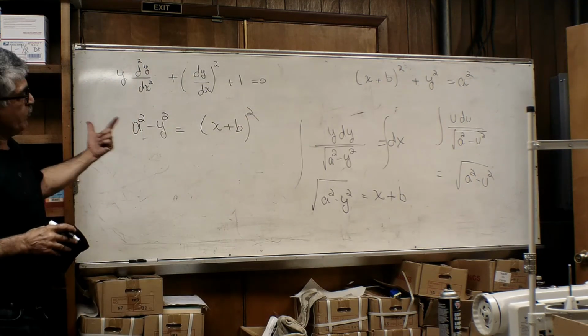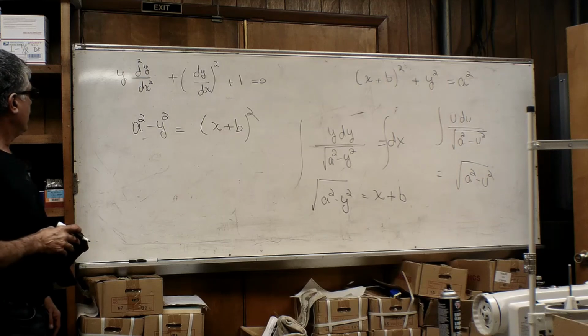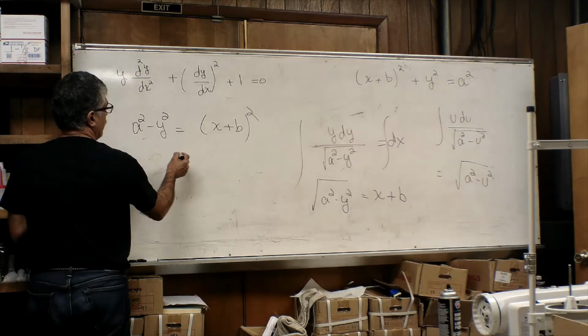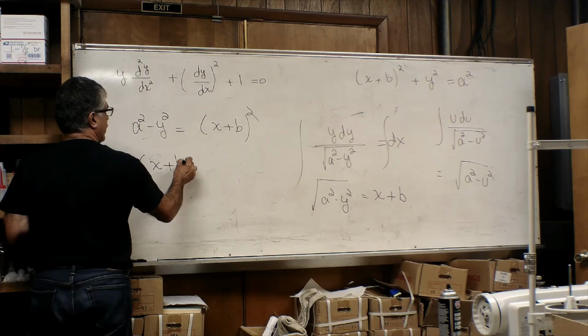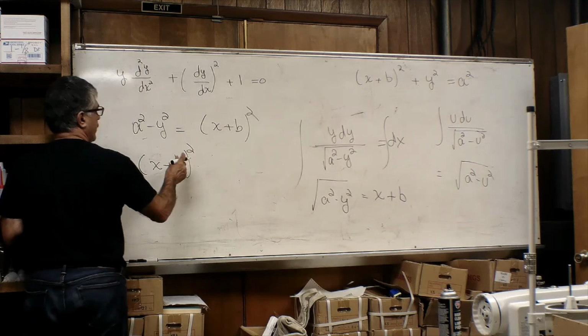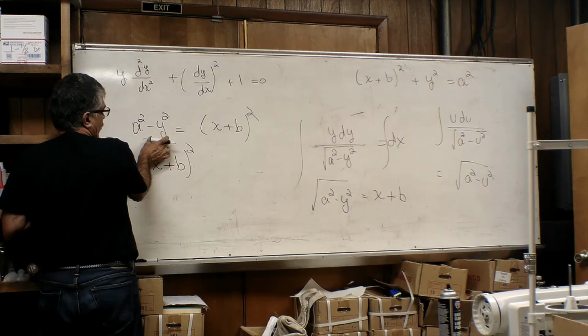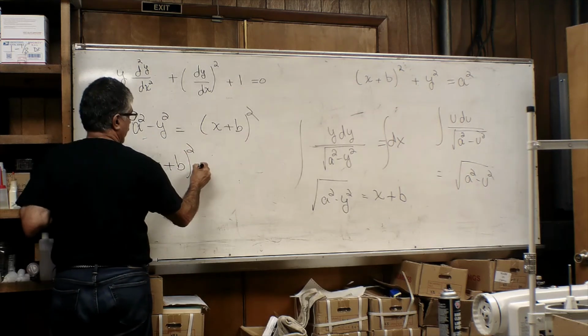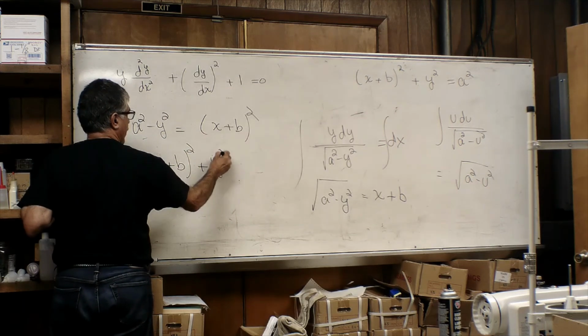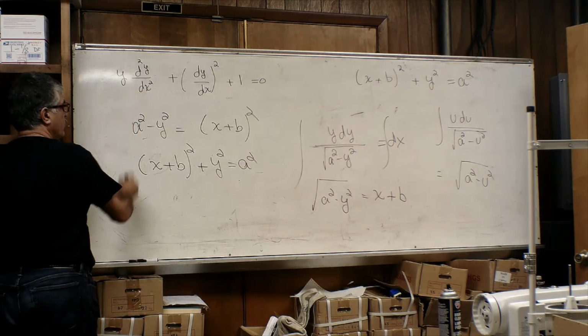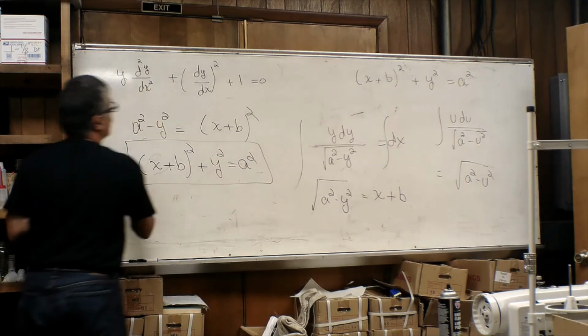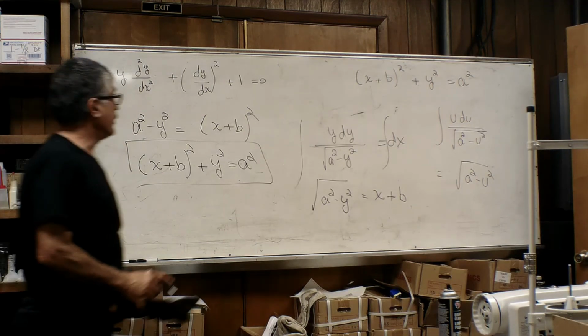We are squaring both sides of that equation. So now we can write this as x plus b squared, and have y go to the other side of the equation, plus y square will be equal to a square. So this is the general solution for this differential equation.